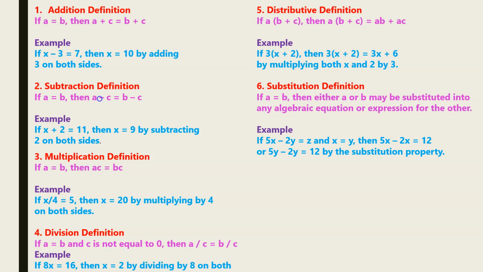We have 5x minus 2y equals 12. 5x minus 2x, we combine like terms and we have 3x. 3x equals 12, and now we will use the property of division. We will divide both sides by 3, and we will have that x equals 4.